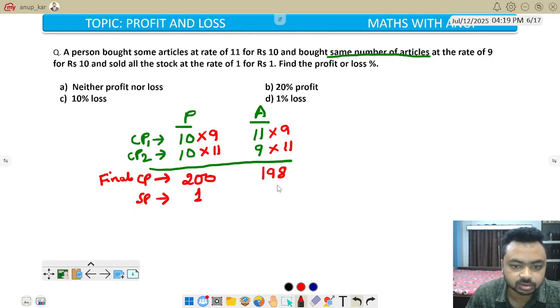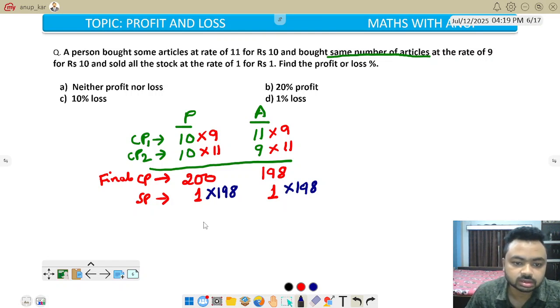So again we have to make the number of articles same. Here it is 198, we can make it 198 here also, multiplying by 198. So my selling price comes out to be 198 and cost price is 200. See, the number of articles are same, so it is satisfied.